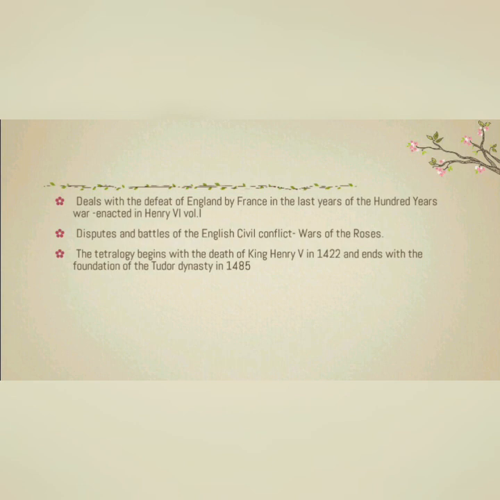The minor tetralogy deals with English defeat by France in the last years of the Hundred Years' War, which is enacted in Henry VI, Volume 1, followed by the disputes and battles of the English civil conflict, the Wars of the Roses. The tetralogy begins with the death of King Henry V in 1422 and ends with the foundation of the Tudor dynasty in 1485.